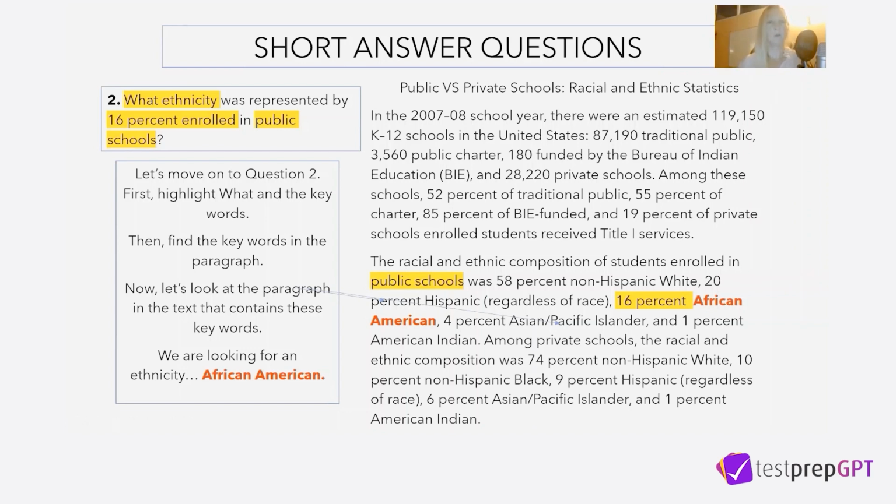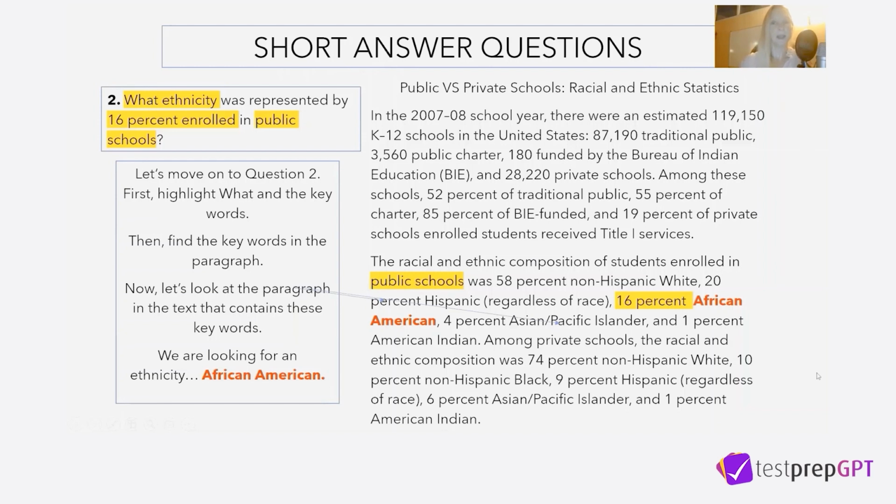So now let's go back. We're going to skim and scan the text. The racial and ethnic composition of students enrolled in public schools was 50% non-Hispanic white, 20% Hispanic, regardless of race, 16% African American, 4% Asian Pacific Islander, and 1% American Indian.